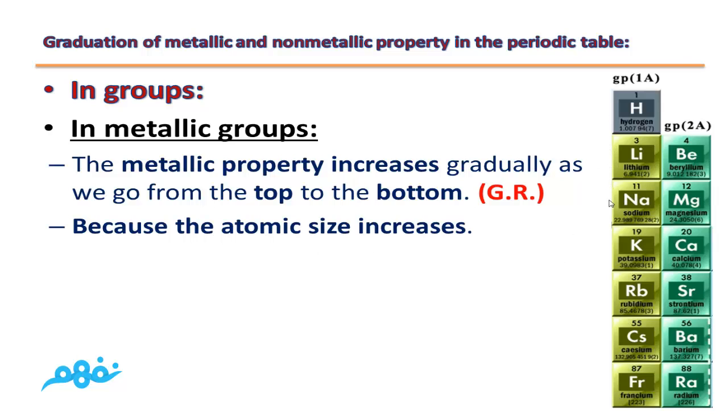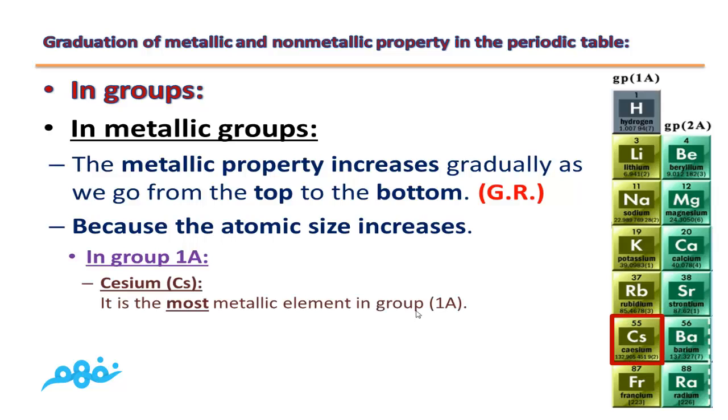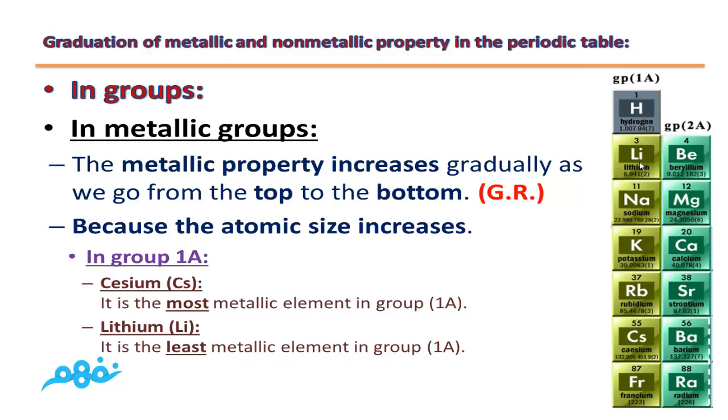As we go from up to down in groups, the atomic size increases, and hence the metallic property also increases. For example, in group 1A, cesium is considered the most metallic element, while lithium is considered the least metallic element in group 1A.